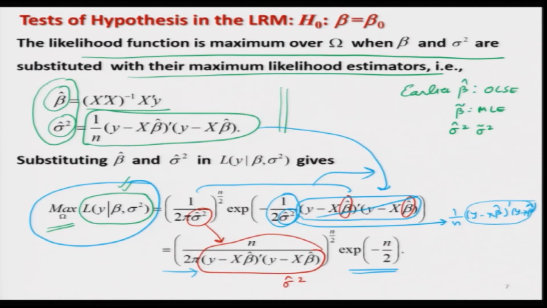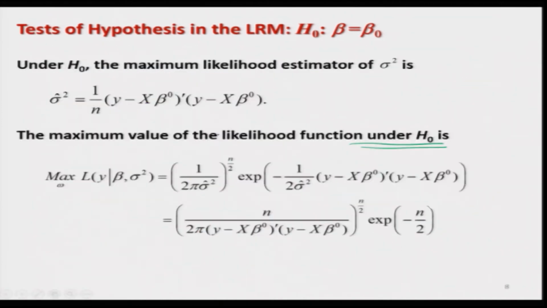So, in case you look at the structure of this sigma square hat, you are trying to replace here this beta hat by beta naught, and this will give you the estimator of sigma square hat like this: 1 upon n (y minus x beta naught) transpose (y minus x beta naught), because under H naught beta equal to beta naught is known to us.